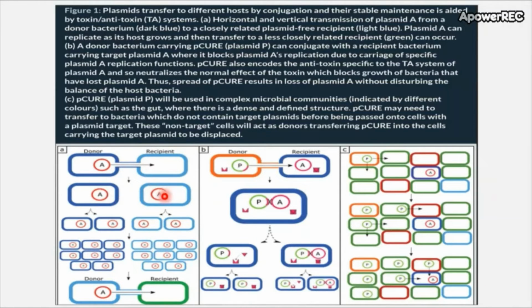And then when this bacterium and this bacterium go through binary fission, they pass it to their progeny. So now we have two different populations that have it. And again, this new recipient here, this light blue colored recipient, can also pass it to a different type of bacterium that can now also have that antibiotic resistance.